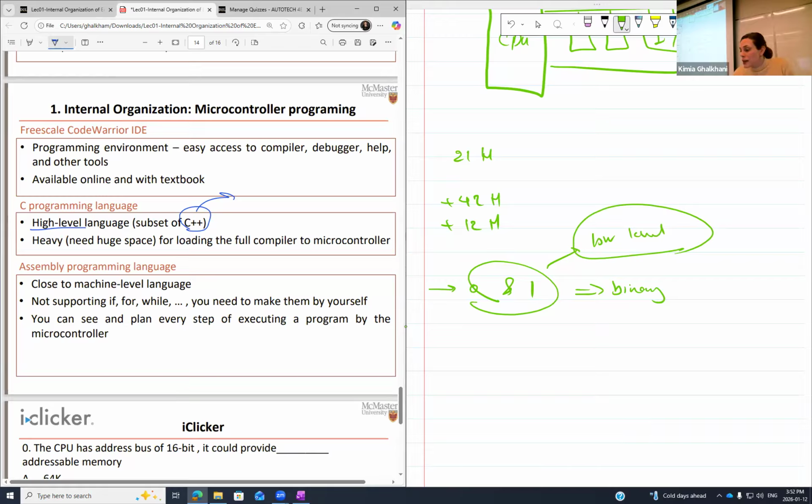How about assembly? Assembly is between machine and human. It's something in between, so it's between low level and high level, because a little bit we can understand, a little bit the machine can understand. Binary only the machine can understand.